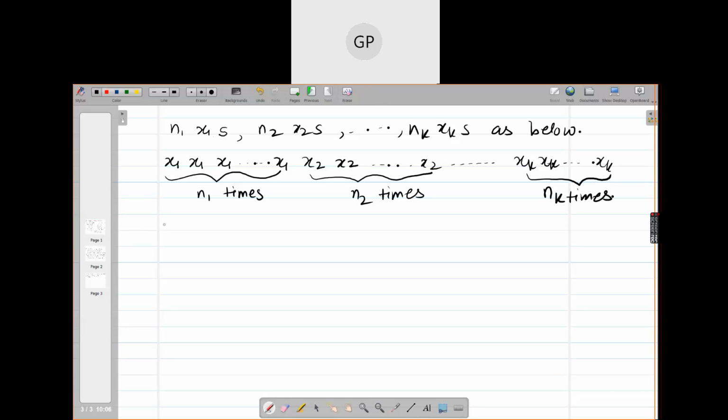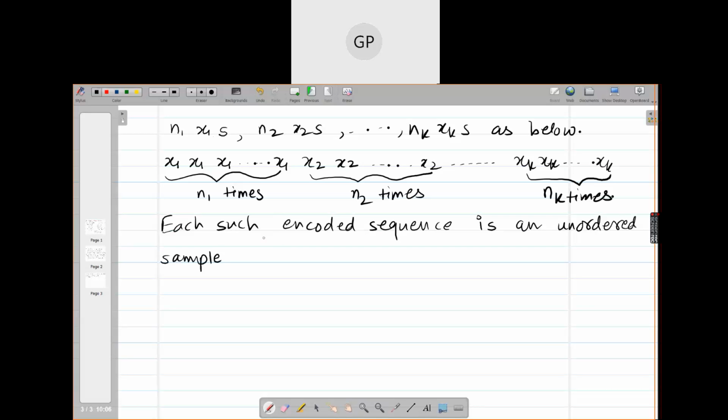Yes, ma'am. So each such encoded sequence is an unordered sample of size r with repetition, right? We are repeating the numbers here.